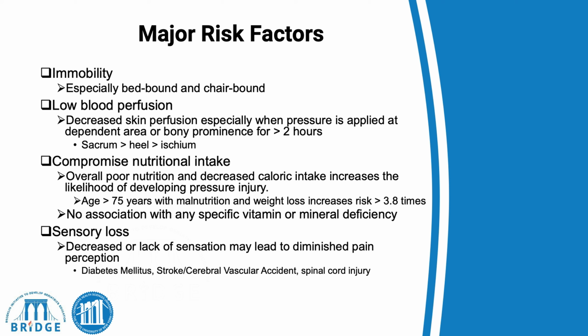Compromised nutritional intake, again, is a major risk factor for developing pressure injury. Overall, poor nutrition and decreased caloric intake increases the likelihood of an older adult developing pressure injury. Age greater than 75 years with associated malnutrition and weight loss increases the risk of developing pressure injury as much as 4 times. There's no associated increased risk of developing pressure injuries with any specific deficiency in vitamins or minerals.